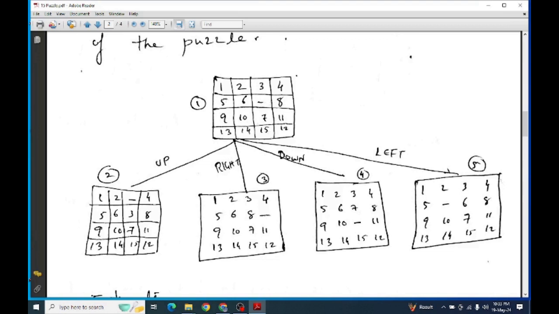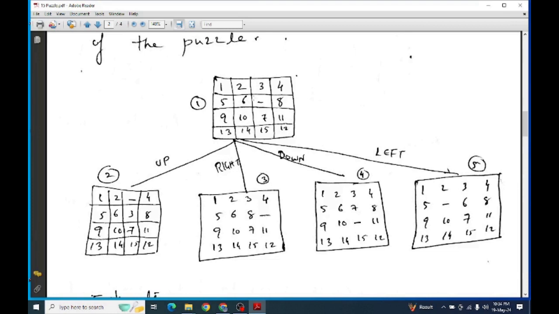Here 7 is not in the right place, 11 is not in the right place, 12 is not in the right place, and then 13, 14, 15. So this is an arrangement, and it is the initial state.